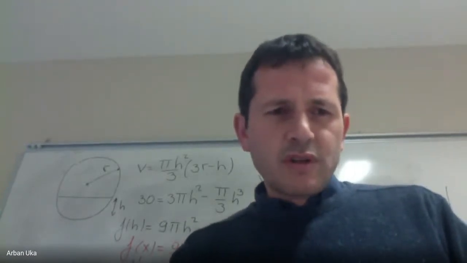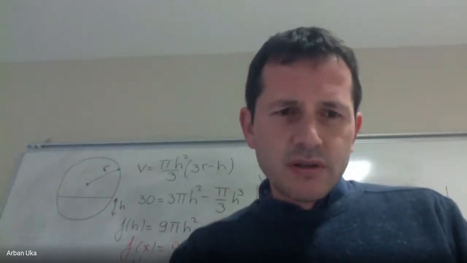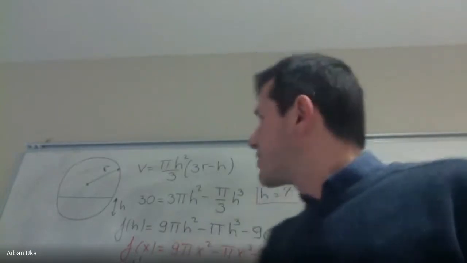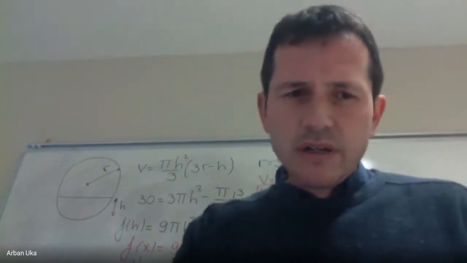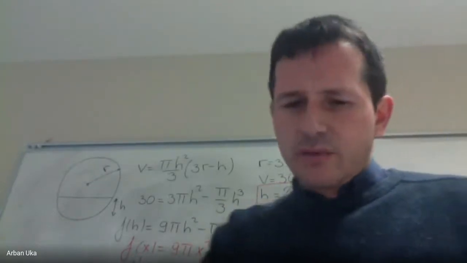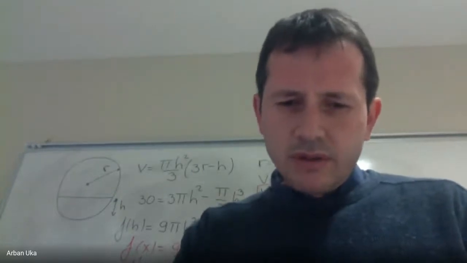To run this code, we just need to write, first of all, the function. We write this one as y is equal to 9 pi x squared, which is 9 times 3.14.